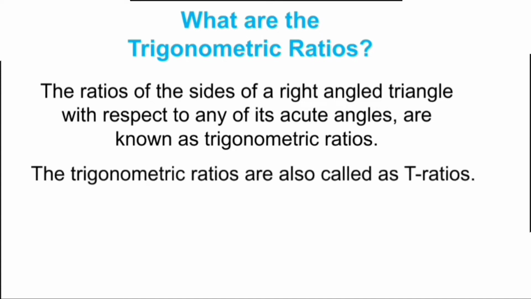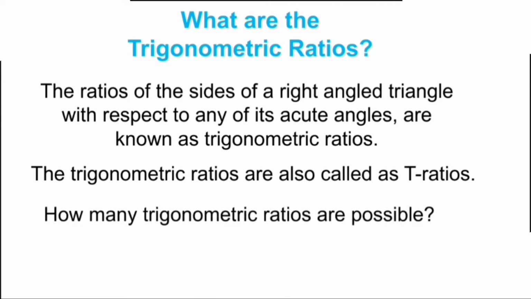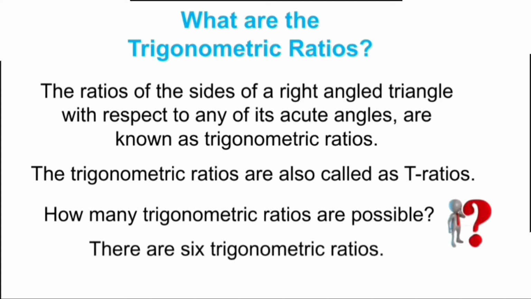Children, the trigonometric ratios are also called T ratios. Children, how many trigonometric ratios are possible? Yes, there are 6 trigonometric ratios since there are 6 ratios of the sides of a right angle triangle.